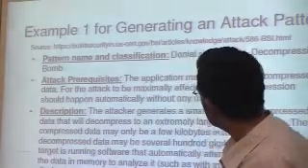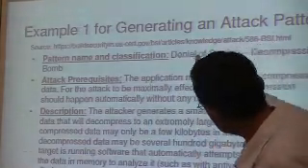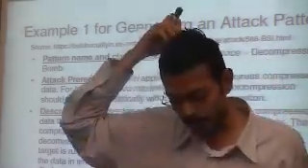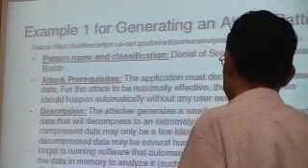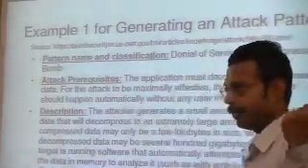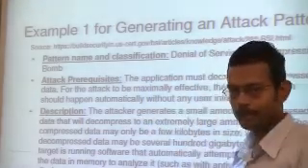Okay? So the kind of attack or threat we are going to see is denial of service, and the problem is what's called a decompression bomb, which means when you open a zip file, right? Let's say you are trying to load a zip file into a web browser, right?